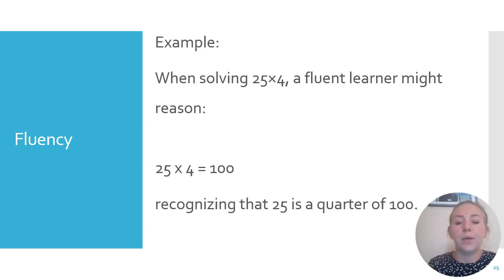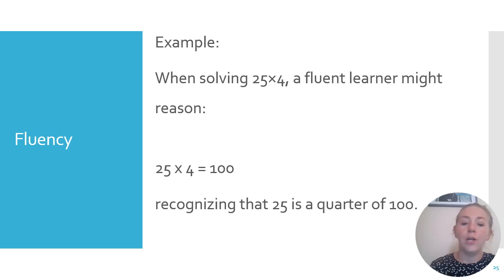So just a quick example again, when learners solve a basic calculation that's not in the context of a problem, 25 times 4, a fluent learner might reason to say that 25 times 4 is 100, but they will also recognize that 25 goes into 100 4 times, so we can refer to 25 as a quarter of 100.